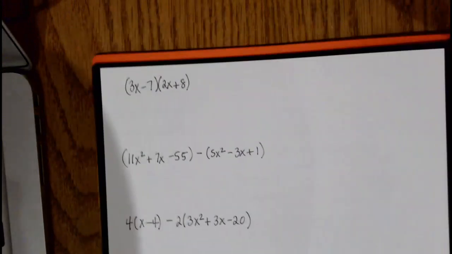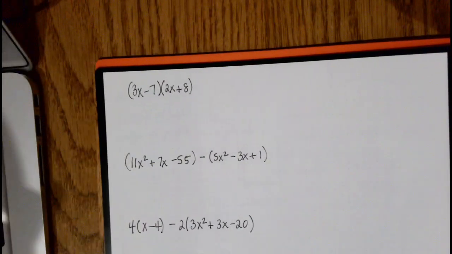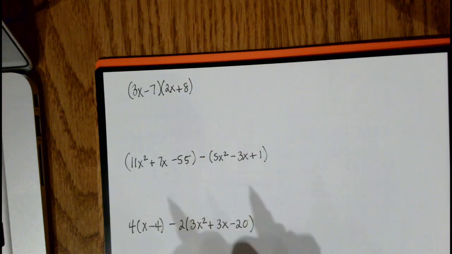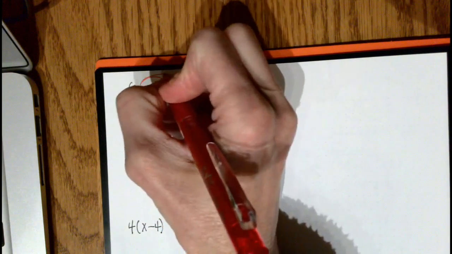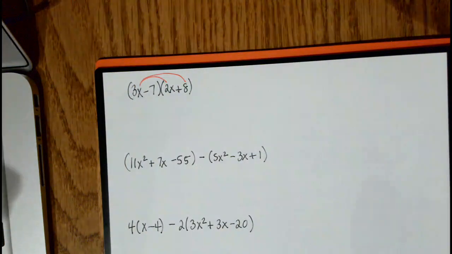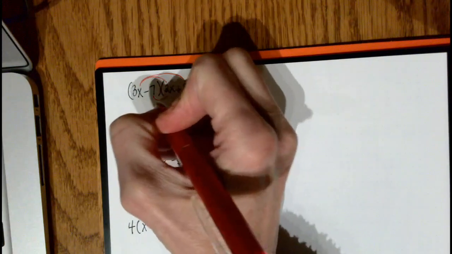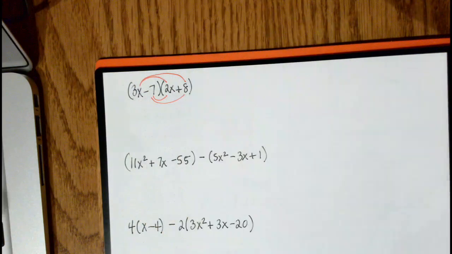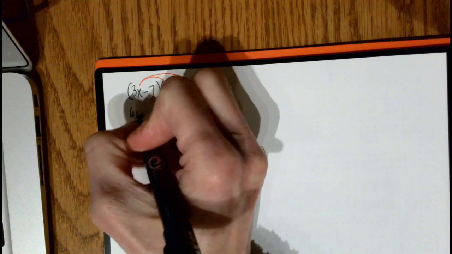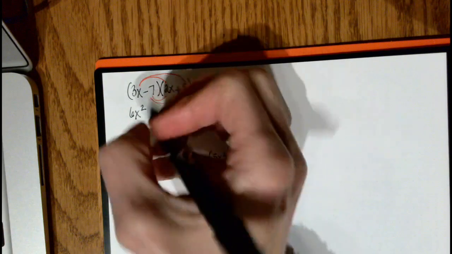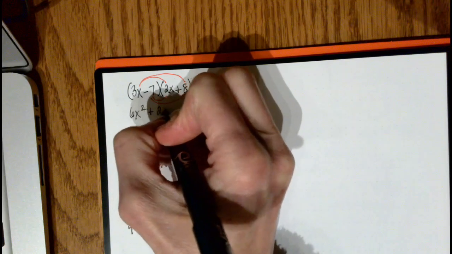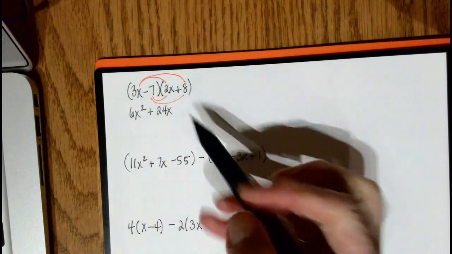So our first, again, is going to be the double distributive. We're going to take 3x times 2x and 3x times 8. Then we're going to take negative 7 times 2x and negative 7 times 8. 3x times 2x is 6x squared. 3x times positive 8 is positive 24x.